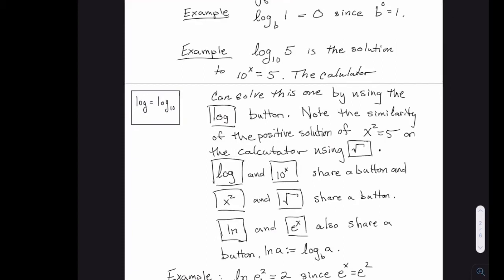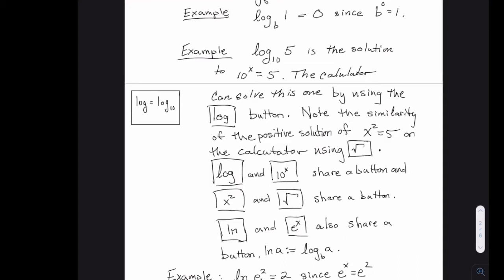So I want to point out a similarity in what we discussed before with the calculator now. The solution to x squared equals 5 can be solved using the square root button, and just like that, the solution to 10 to the x equals 5 can be solved using the log button.